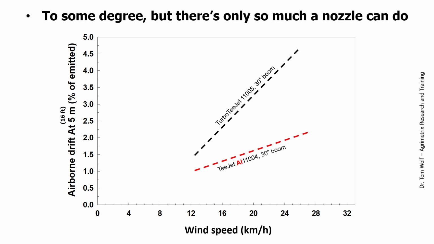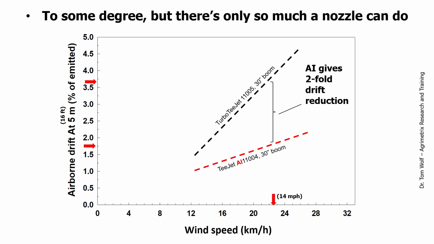If we switch over to a nozzle that gives a bigger droplet, this is an air induction nozzle. It just makes bigger drops. The T-Jet air induction nozzle makes bigger drops. It's the only change we made. The boom's still 30 inches off the ground. Well, if the wind is 14 miles an hour, we've just given ourselves a twofold reduction in drift.